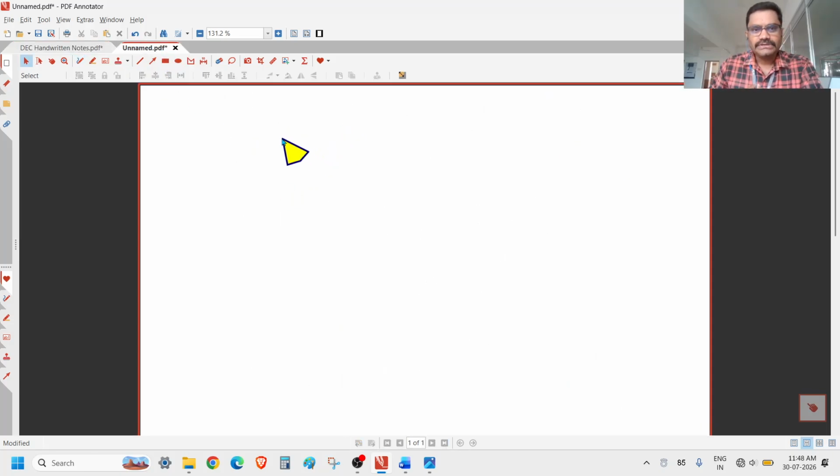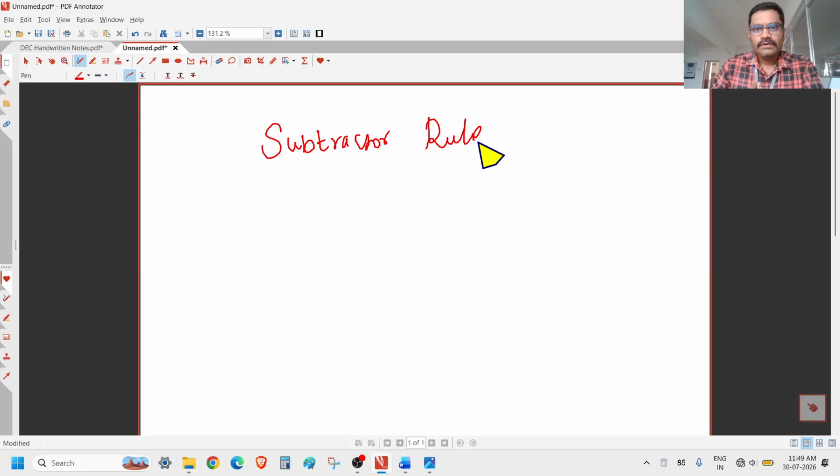Before entering the subtraction, first of all we should know the subtractor rule. The subtractor rule is very simple. We have two inputs, A and B, and there are two outputs in the subtractor, difference and borrow.